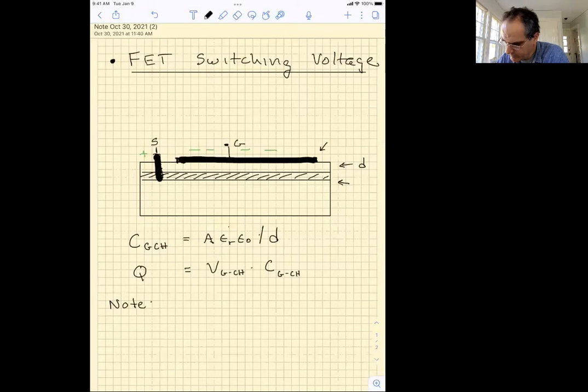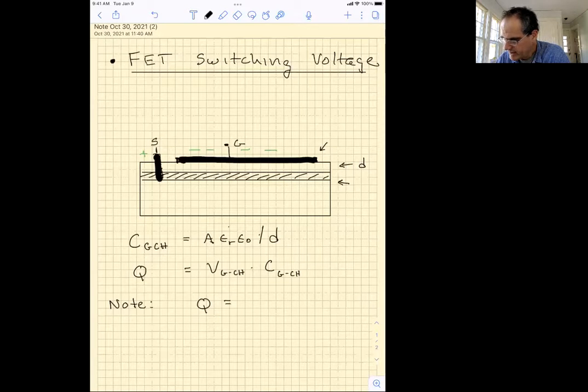Now, the reason this works is that because the channel is a doped semiconductor and doesn't really contain a very high density of free charge, we can easily apply a voltage to the gate large enough to push all of the free charge out of the channel.